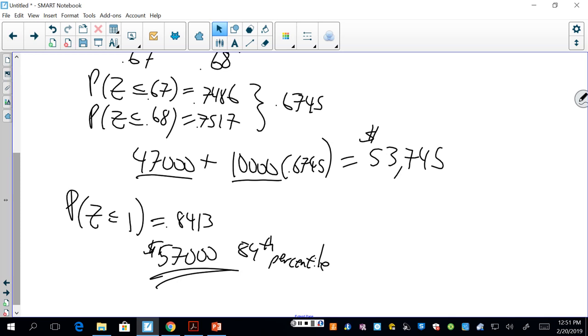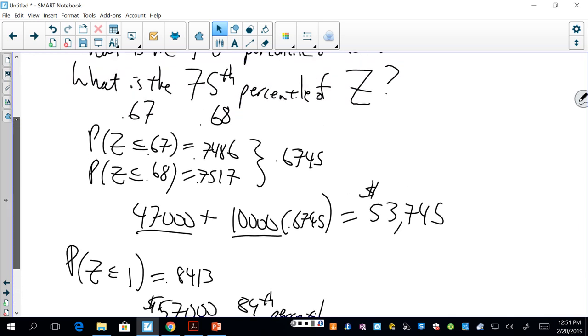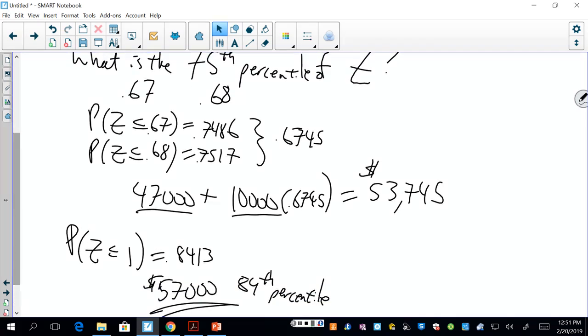Okay. How about the 25th percentile? That would just be times 10,000, 1 minus this 0.6745, or is that right? Close, close. That's the nature of the idea. To get the point that has 25% below is like having 75% above.